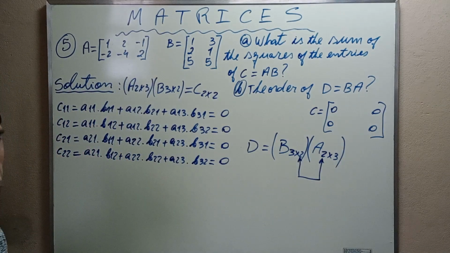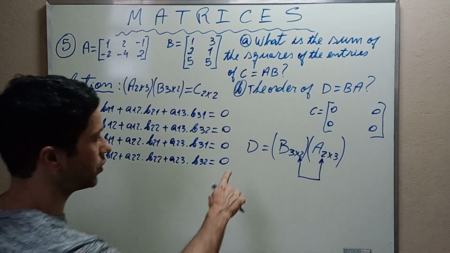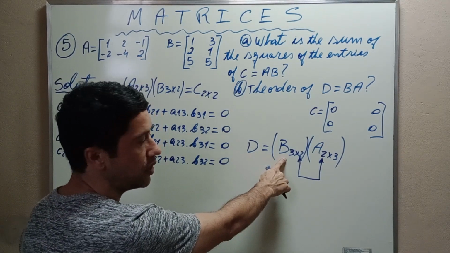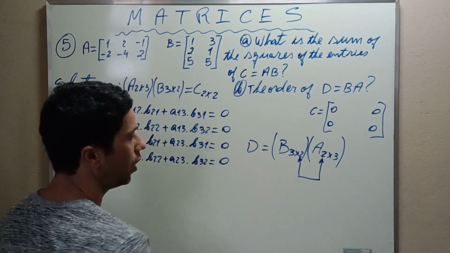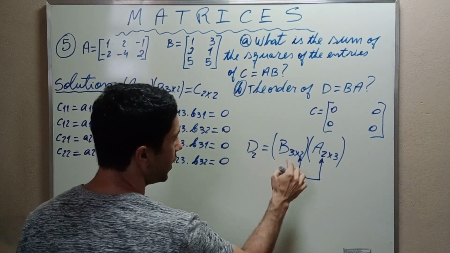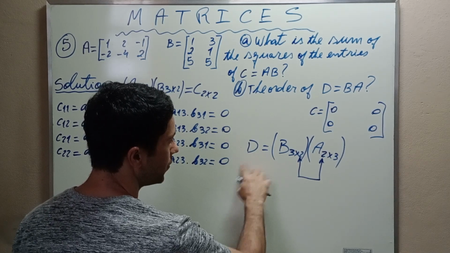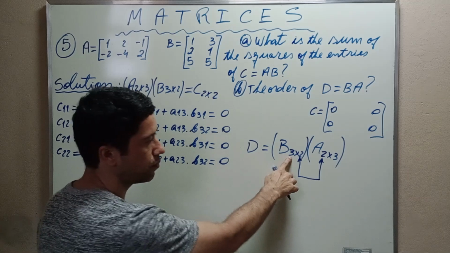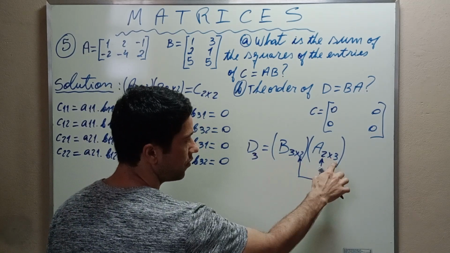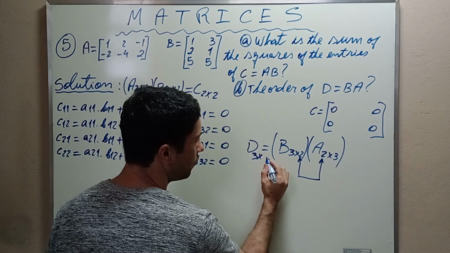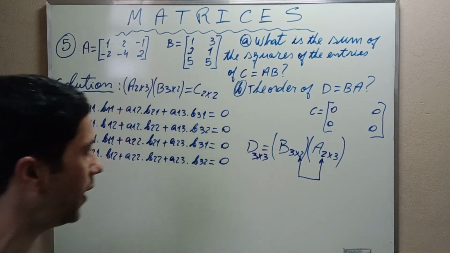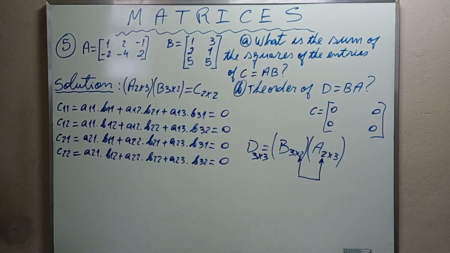We have a matrix that results from this product. And matrix D will have the same number of rows of the first matrix, 3, and the same number of columns of the second matrix. And in this way, we discover that the order of D is 3 by 3.